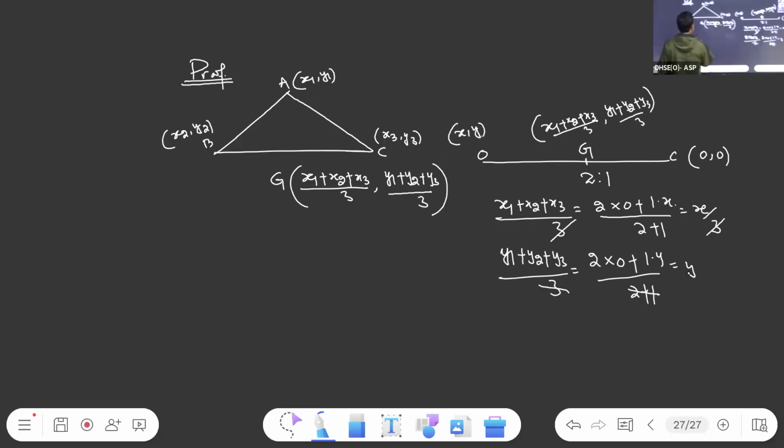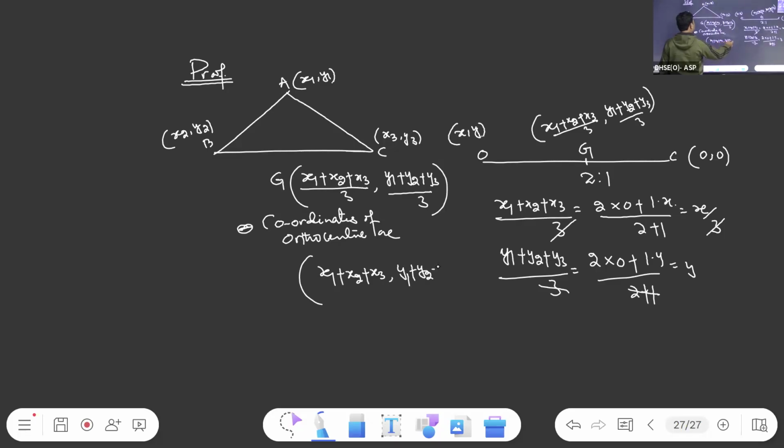So the coordinates of orthocenter are (x1 plus x2 plus x3, y1 plus y2 plus y3).